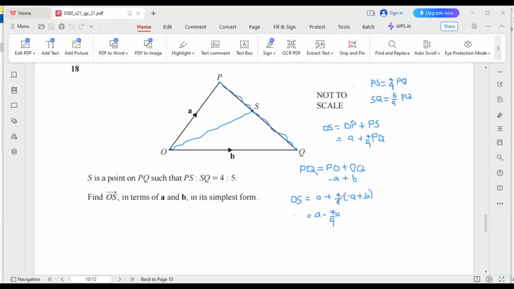And just so you don't get confused, this is 9A, not A. This here is A. So minus 4 over 9 A, then plus 4 over 9 B. Simplifying this, we get 5/9 A plus 4/9 B.